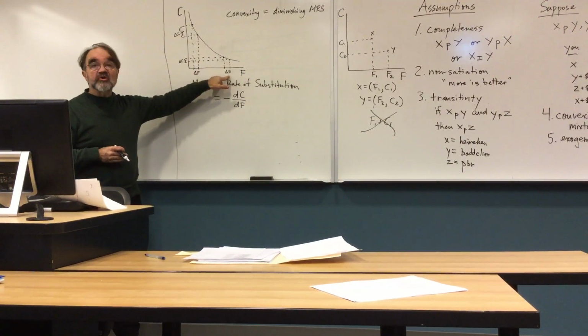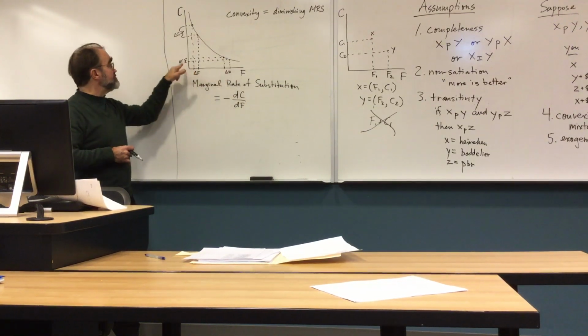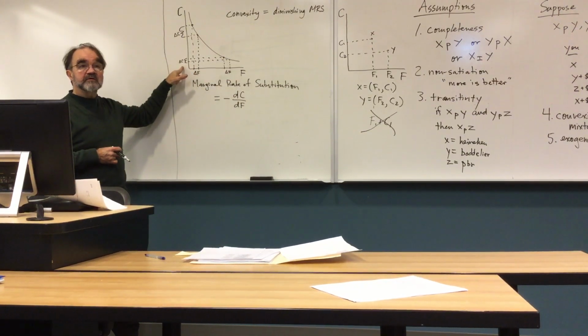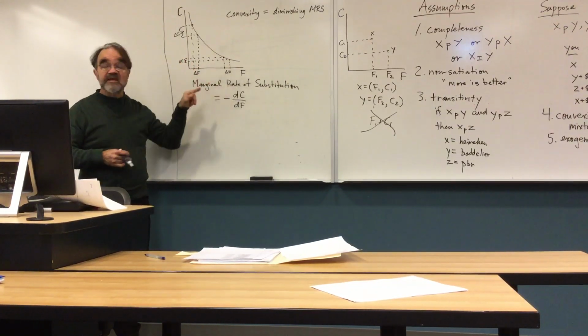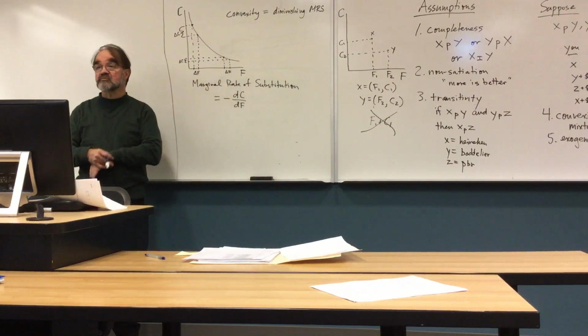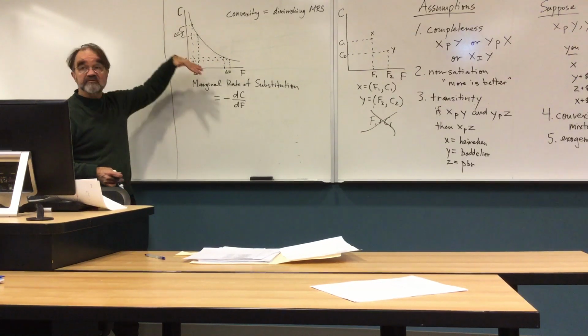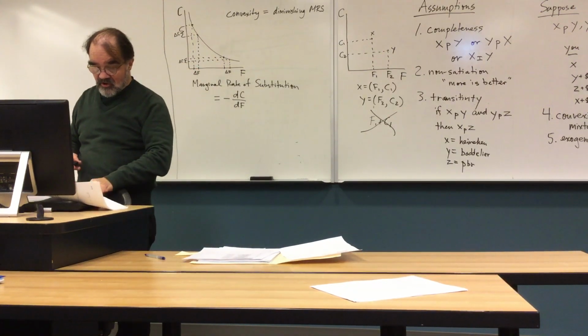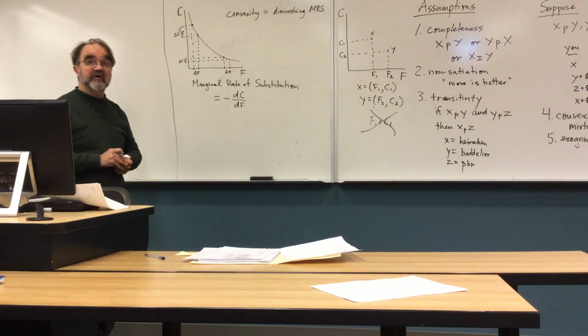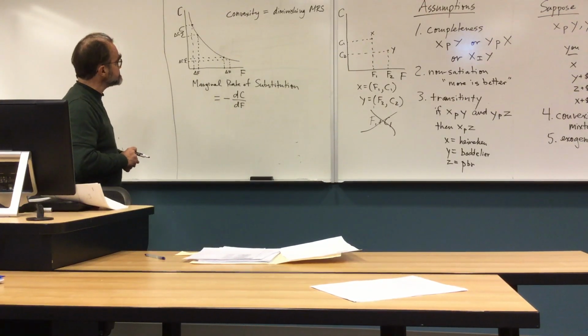But when he or she already has a lot of food and not very much clothing, he or she is not willing to give up much clothing to get that same additional amount of food. So that's the intuition for convexity, for the diminishing marginal rate of substitution.